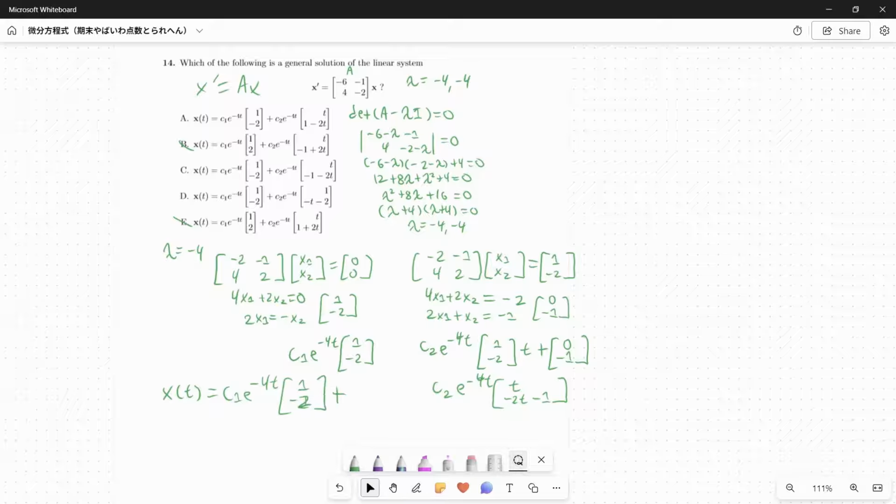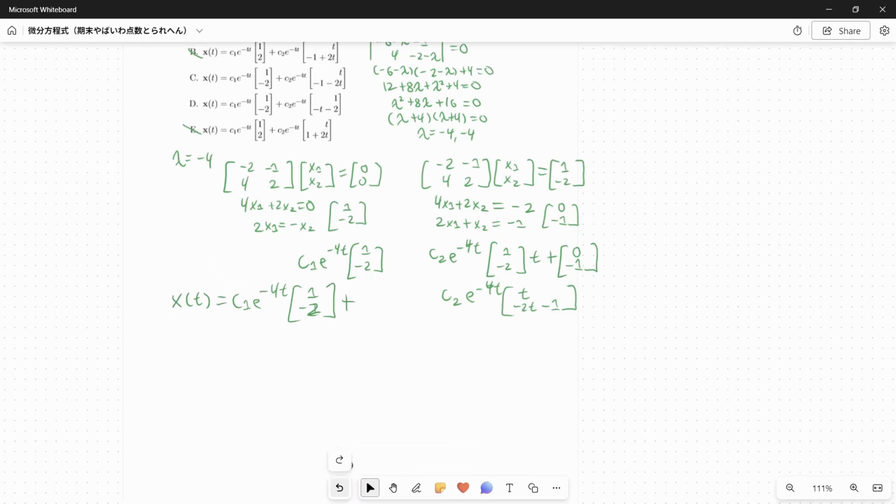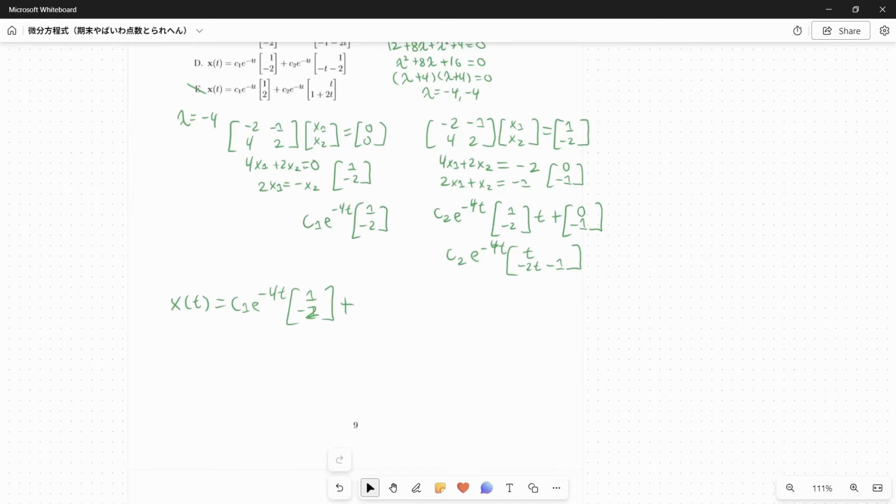Let me move this down because it's getting a little sloppy. Adding our second linearly independent solution to the end, we end up with c sub 2 times e to the negative 4t times its corresponding vector of t and negative 2t minus 1.